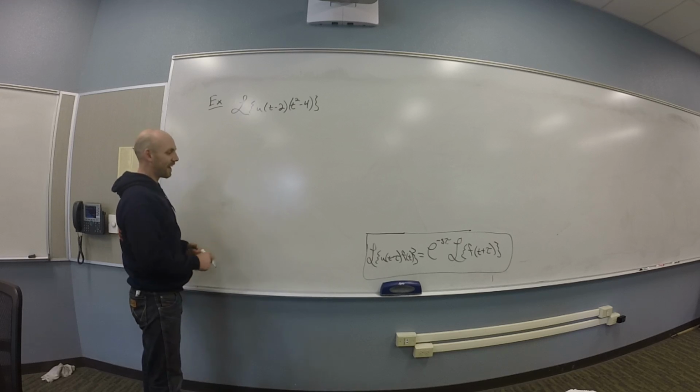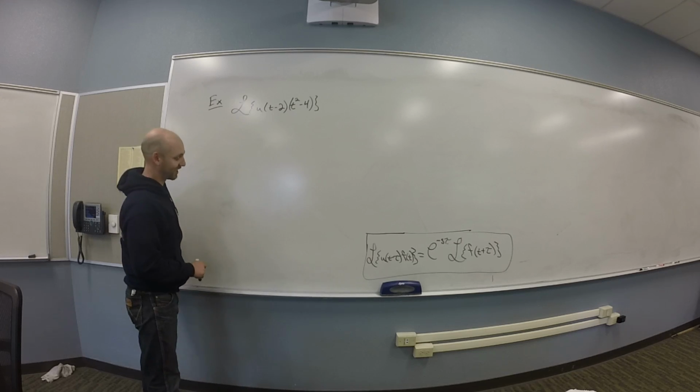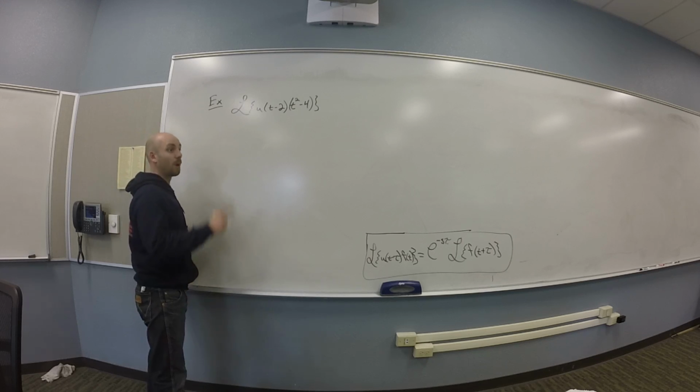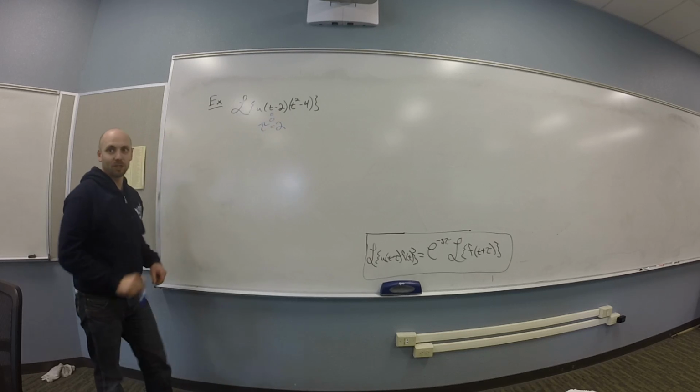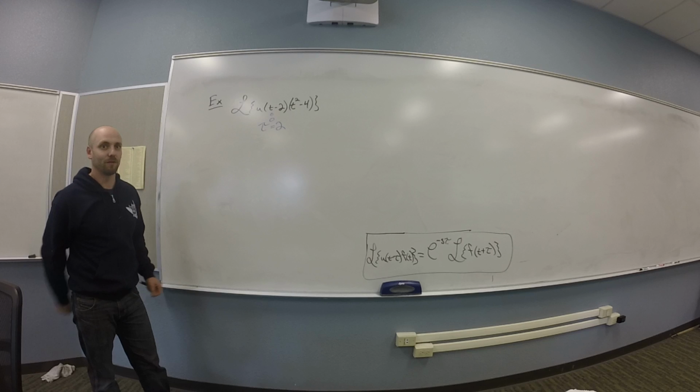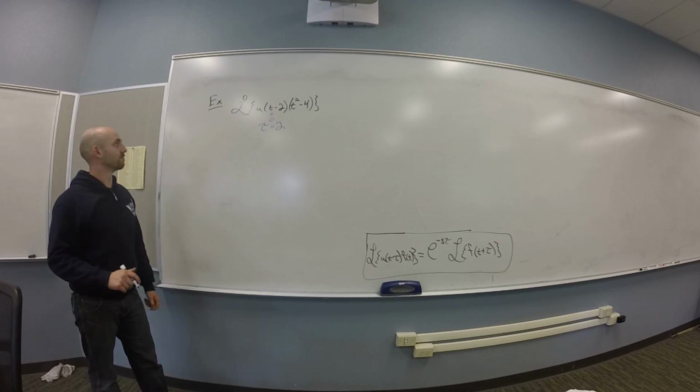So looking at that, what's tau? Positive 2. So that tells you tau is 2, right? 2 is the time at which interesting stuff starts to happen for this function, right?